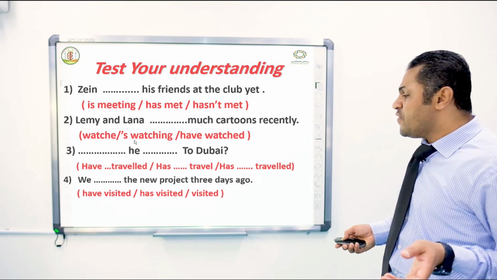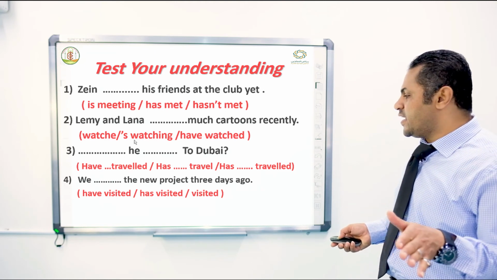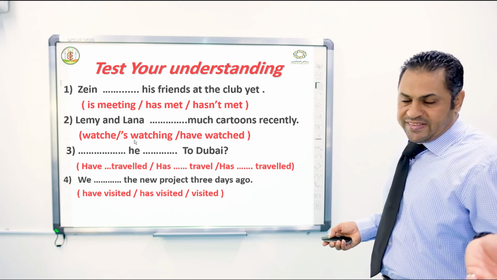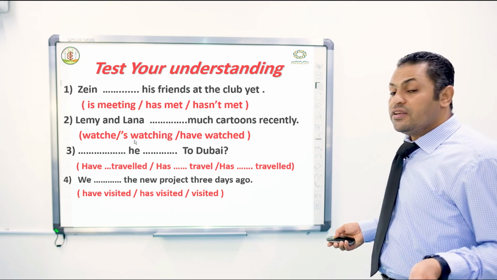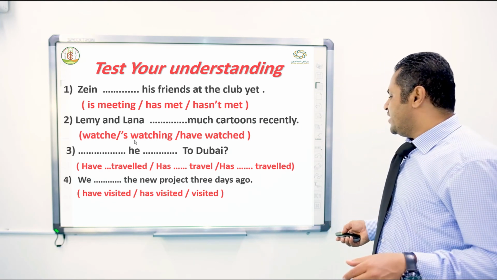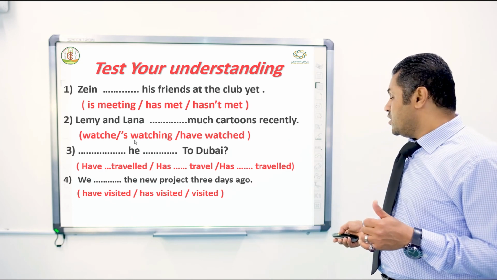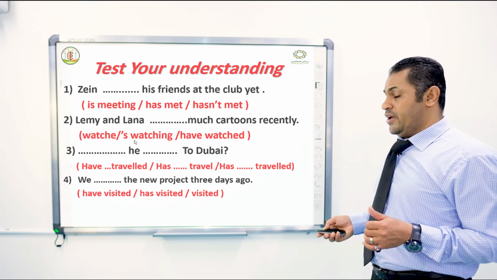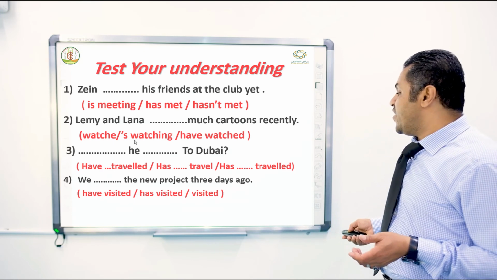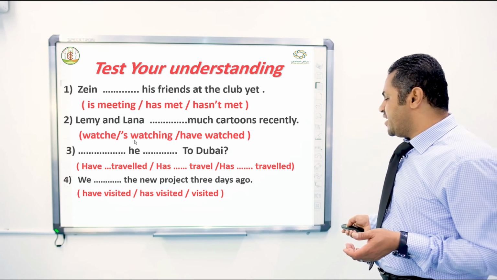So have visited doesn't go because it's a present perfect, not a simple past. Has visited is a present perfect as well. Yes, visited, the past of the verb visit, so it's right. The whole sentence will be: we visited the new project 3 days ago.